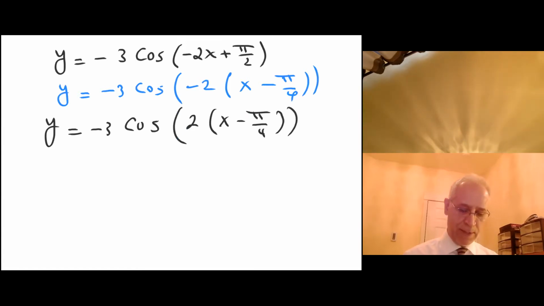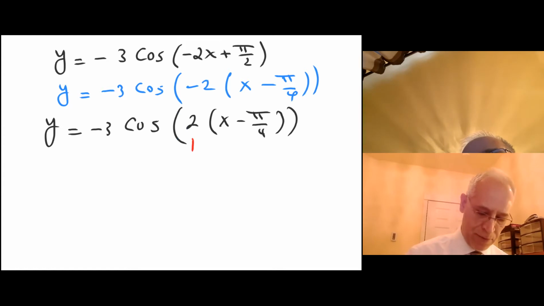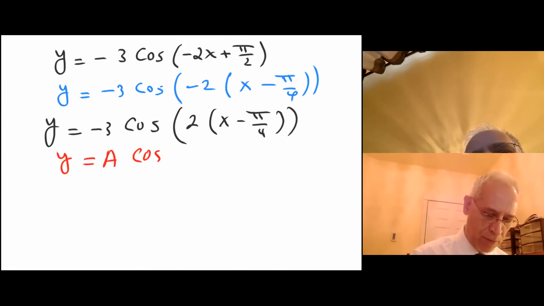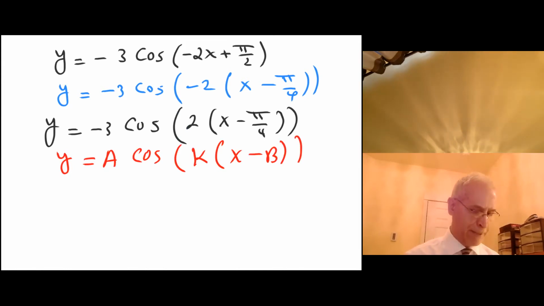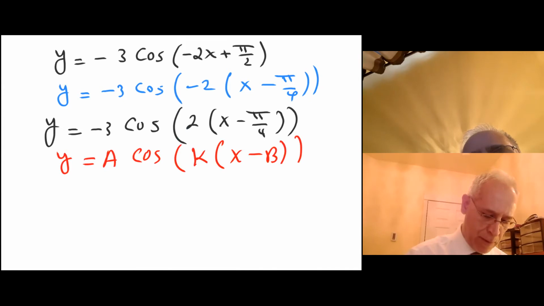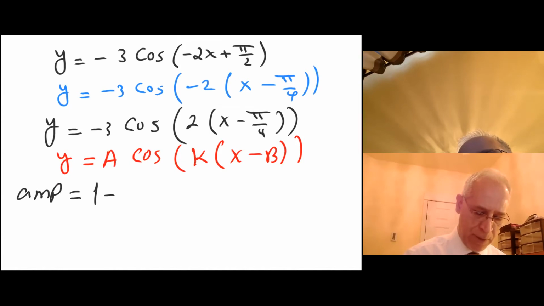Now remember, I'm using this format, and this is going to be my k here. Let me write it here. The format is y equals a cosine of k times (x minus b). Now that I'm using this format, I can claim that amplitude equals the absolute value of minus 3, that's 3.